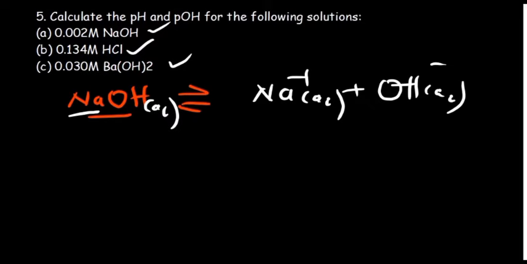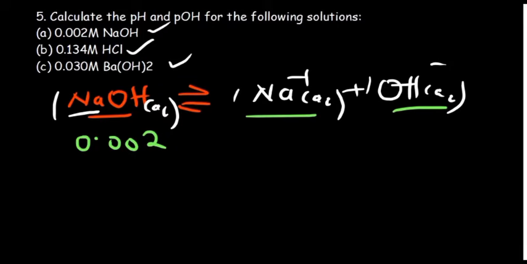Now, what is the concentration of the sodium hydroxide? It's 0.02 molar. What is the concentration of sodium and hydroxide ions? They are in the ratio of 1 to 1. So if this is at 0.02 and it dissociates completely, all of these are going to have the same concentrations.